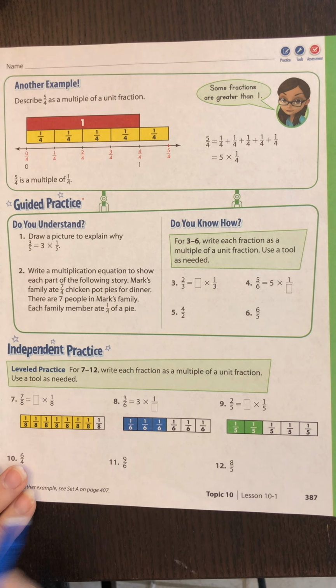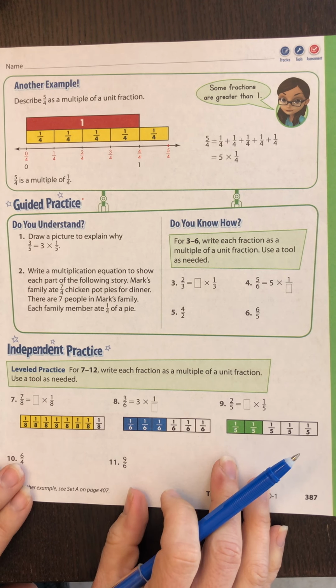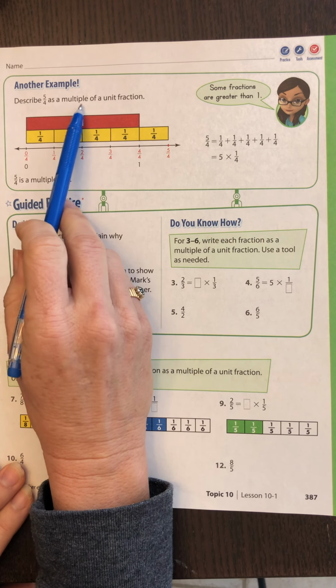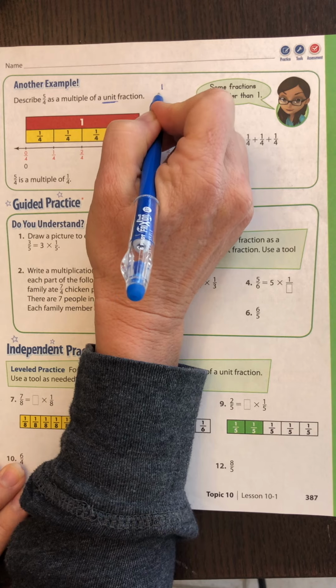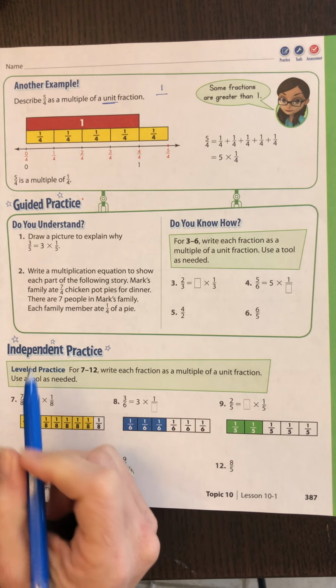All right, so moving on to 387, let's look at another example. Describe 5/4 as a multiple of a unit fraction. Remember, a unit fraction has a 1 in the numerator.